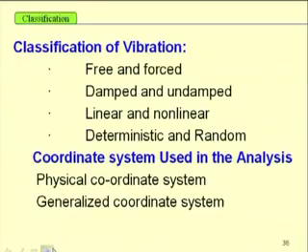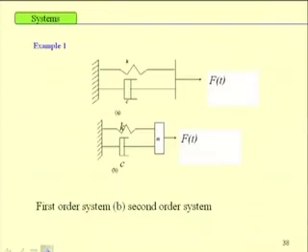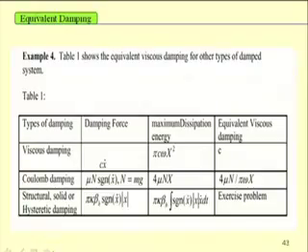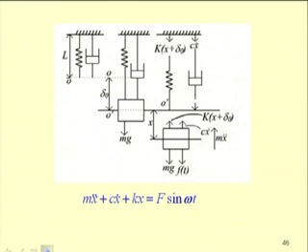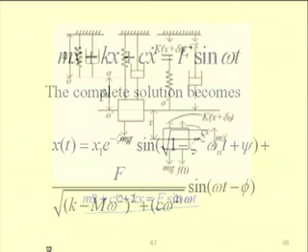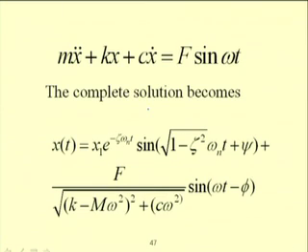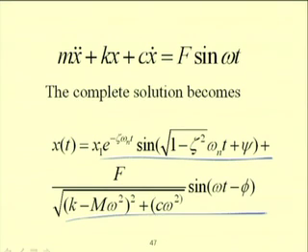For example, for this spring mass damper system, the equation of motion we already know. That is m x double dot plus k x plus C x dot equal to f sin omega t, and the complete solution becomes this, where this is the transient part and this is the steady state response.